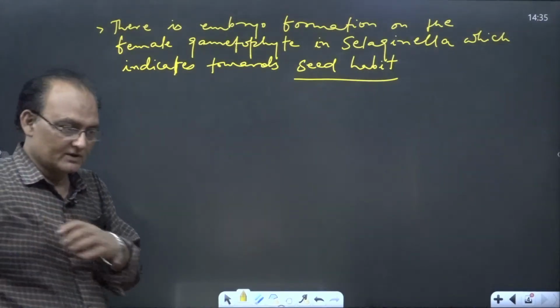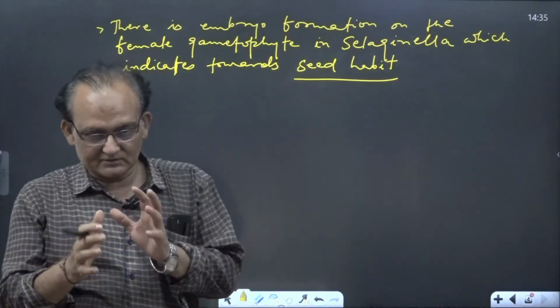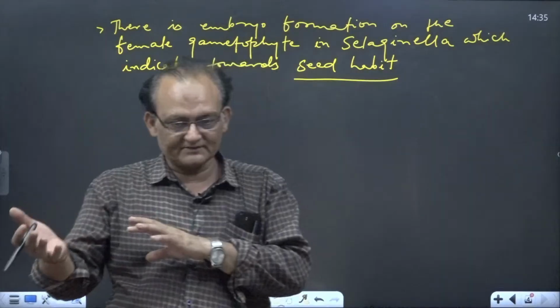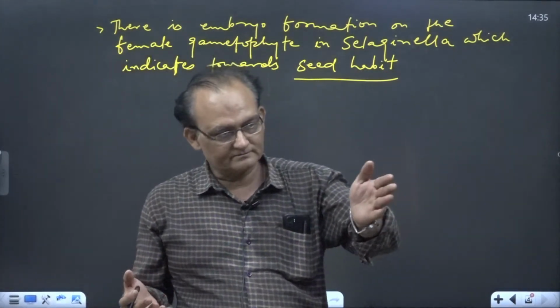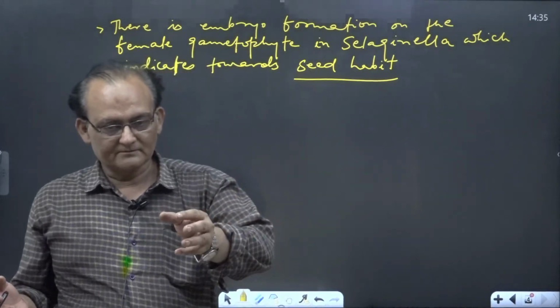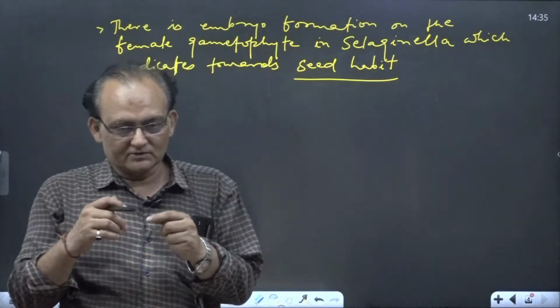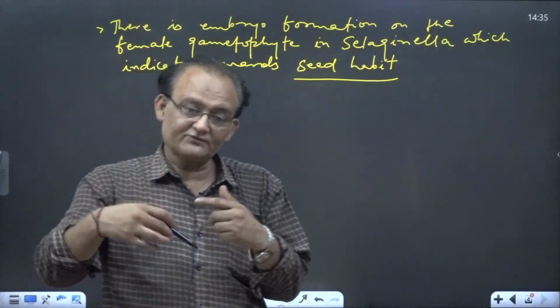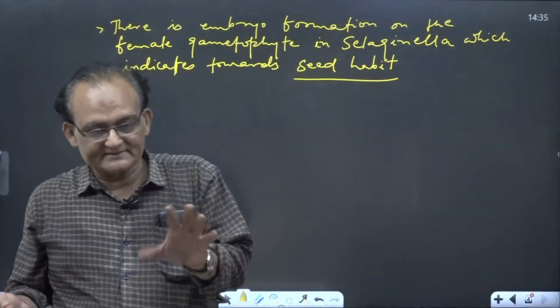जैसे देखो, the male gametophyte in Selaginella is what? Heterosporous. So male gametophyte is separate, female gametophyte is separate. So when that sperms come, right? Male gamete come and they fuse. After fusion zygote is formed, and zygote will lead to formation of embryo, and that embryo is formed on the female gametophyte itself.